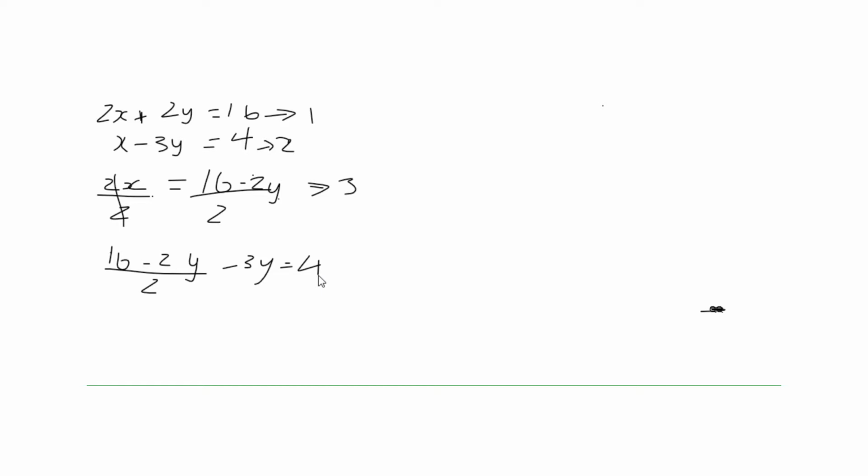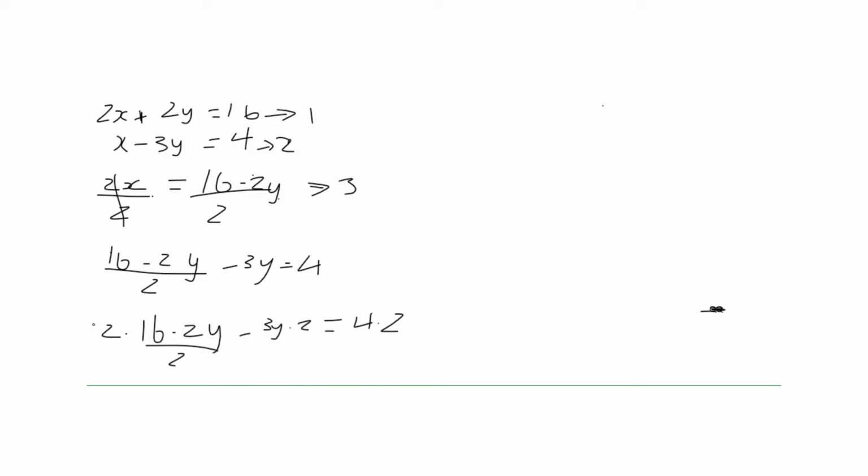Okay, now we want to get rid of the 2 under the bottom here. So I'm going to multiply each term by 2. You're going to have 2 times (16 minus 2y) over 2, minus 3y times 2 because we're multiplying each term by 2, and that's 4 times 2 also.